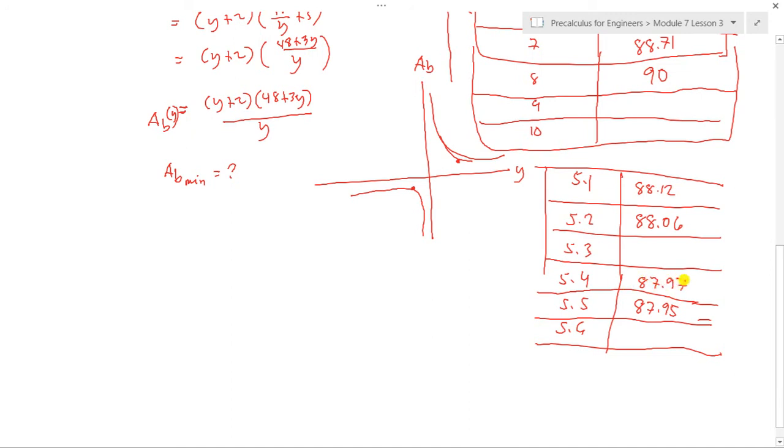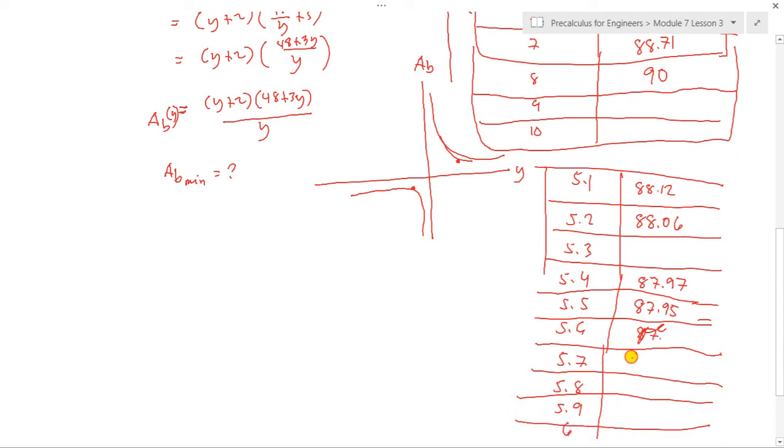So hatutan ni 5.7 daw. Ni 5.7 na siya 87.94. So ni 5.7 migamay pagid siya. How about 5.9?